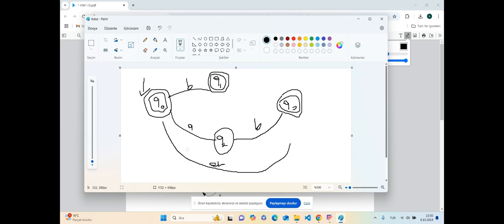Now we will connect Q1 and Q3. What is the alphabet here?